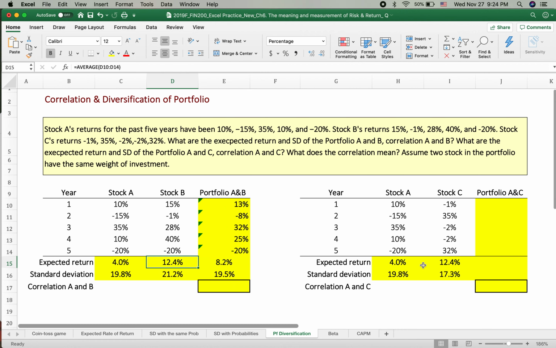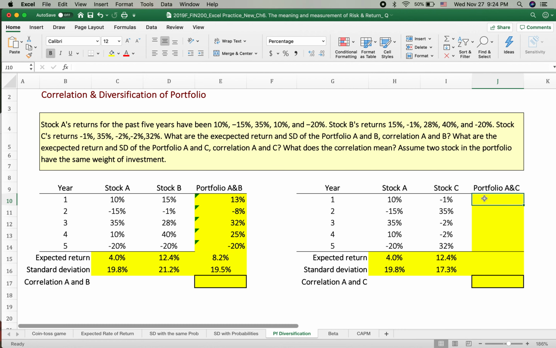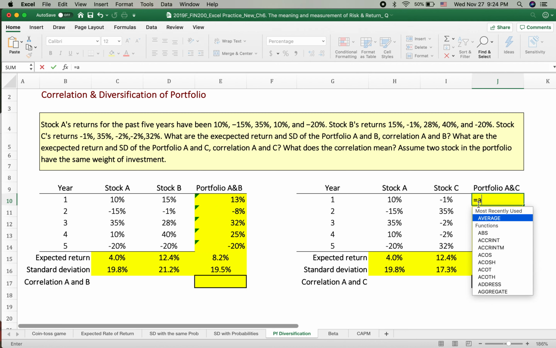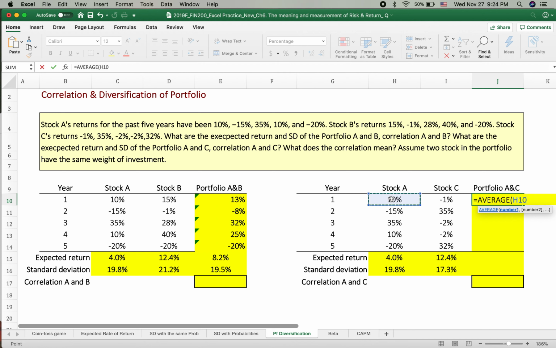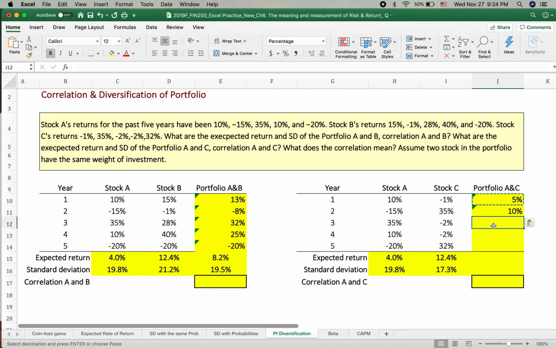What about the stock A and C portfolio? In the same way, we use average, 50% stock A, 50% stock C in year one, so 5%. And then I want to use that same function.